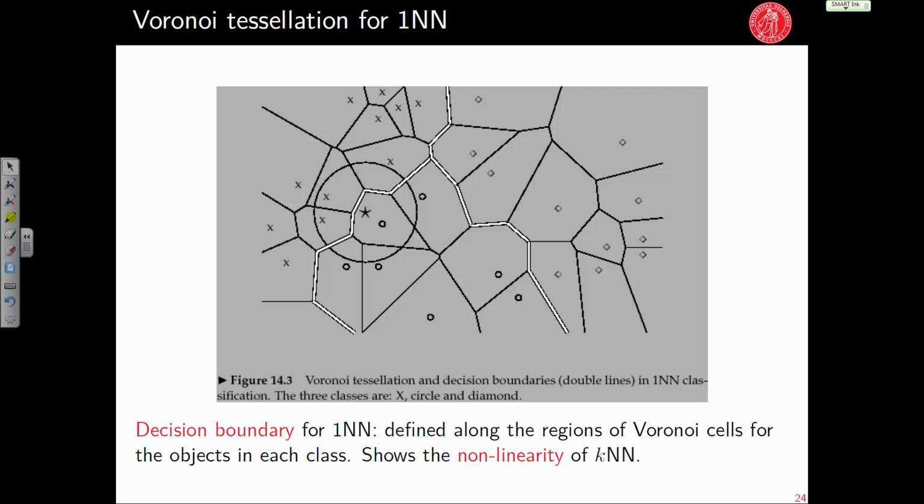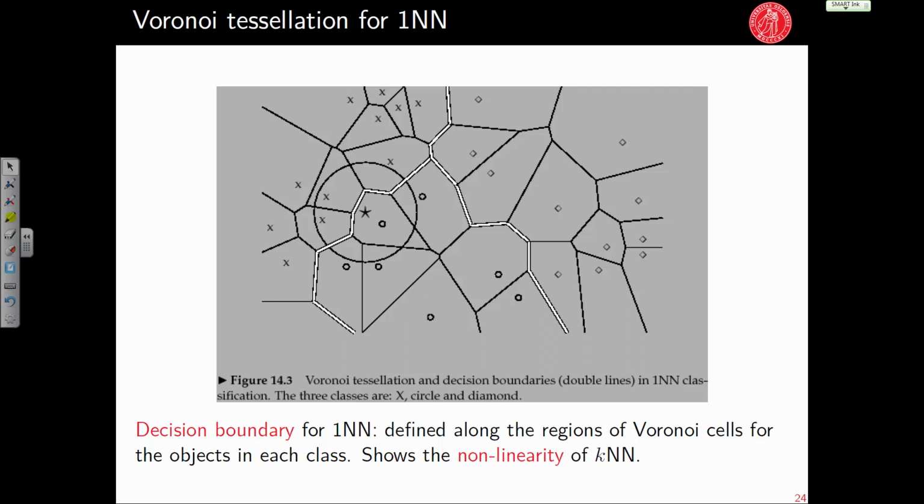So if you have a Voronoi cell of type diamond and a Voronoi cell of type X, you start drawing the decision boundary here. What matters in this picture is that the decision boundary is complex. It's not linear anymore. It's not just a line. It's this shape that you can only get with a nonlinear classifier.